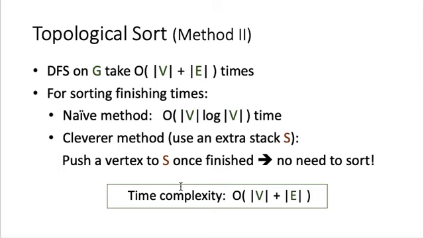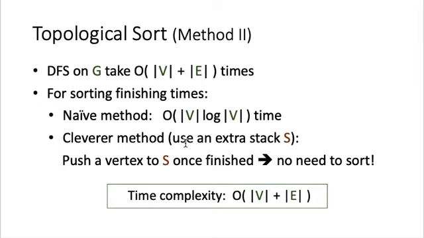Now, if you look at the implementation, a naive implementation can be done by simply running DFS and then sorting the finishing times. That takes V plus E, and then another V log V for the sorting. But actually, we do not need to do sorting, and we do not need to keep the finishing time at all.